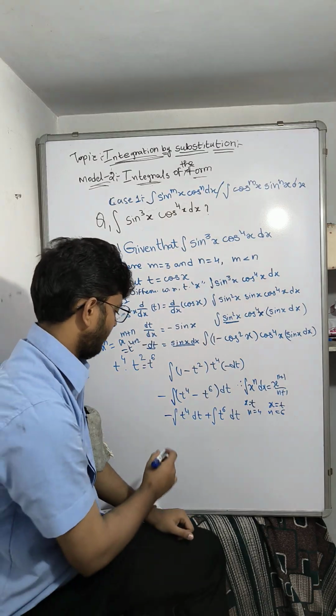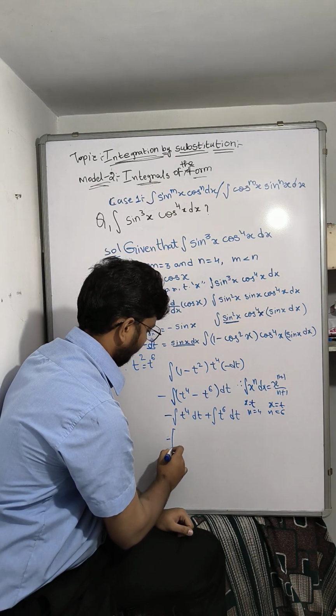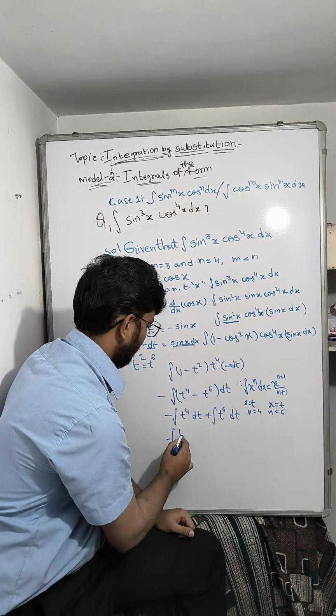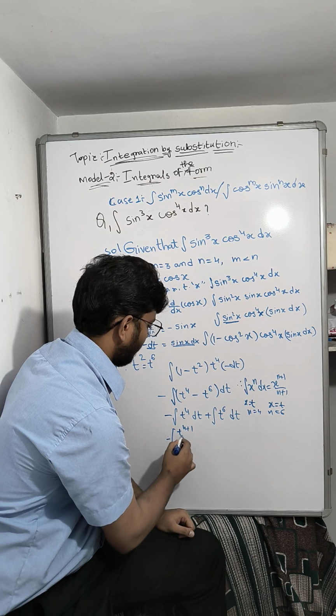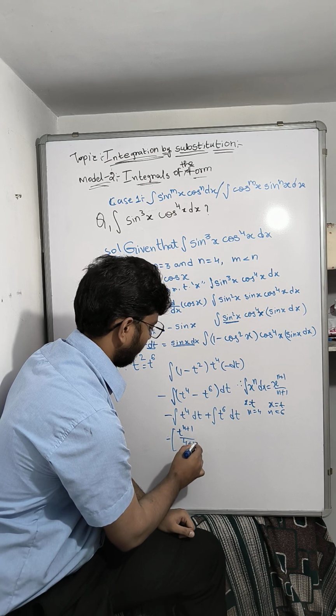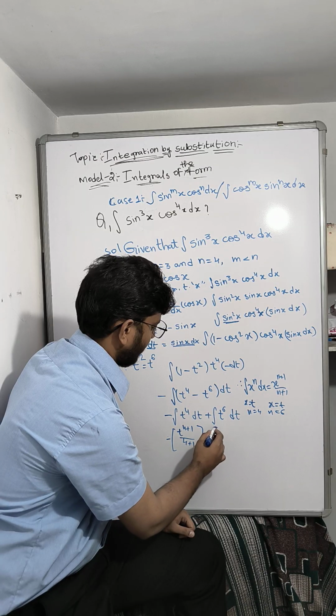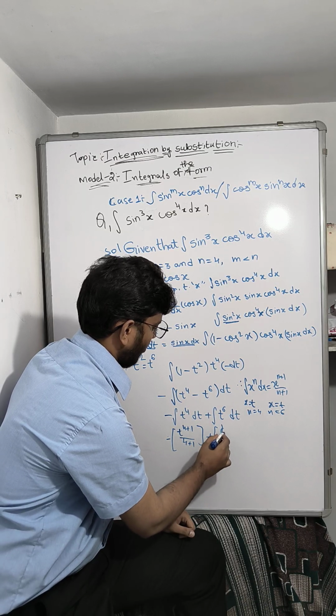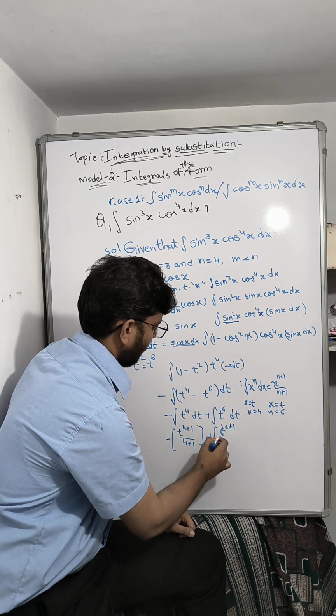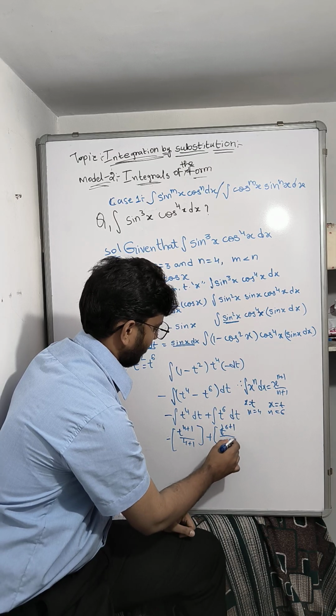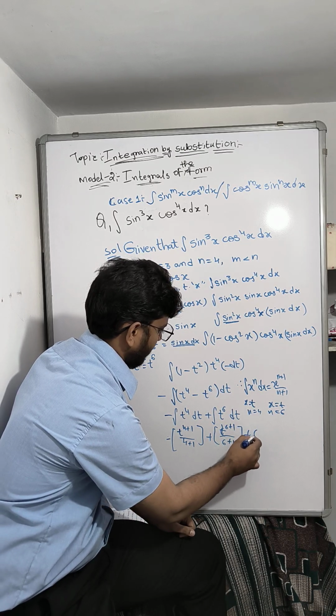Now we have to write minus t to the power of 4 plus 1 by 4 plus 1, plus t to the power of 6 plus 1 by 6 plus 1, plus c.